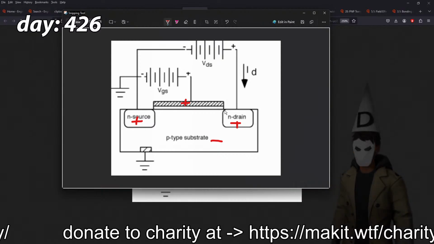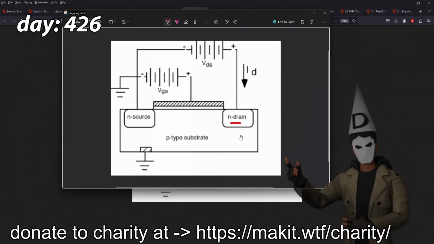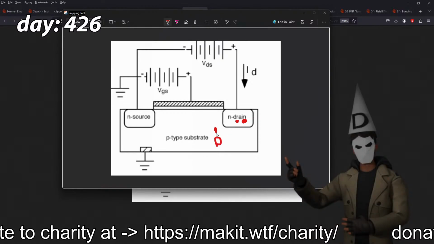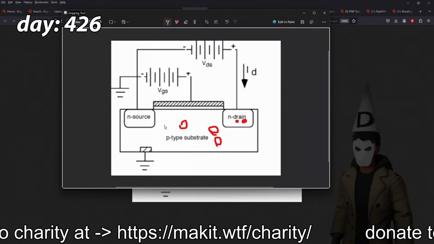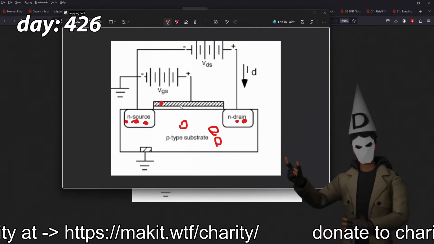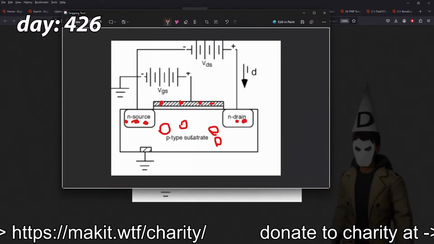So this one has holes, and these don't. These have the opposite of holes. These have fills. This has holes, right?